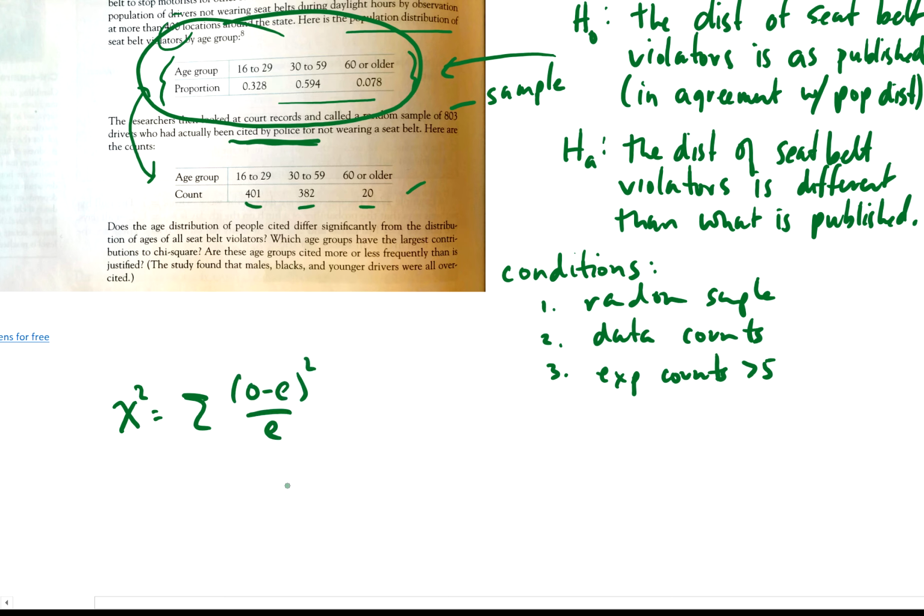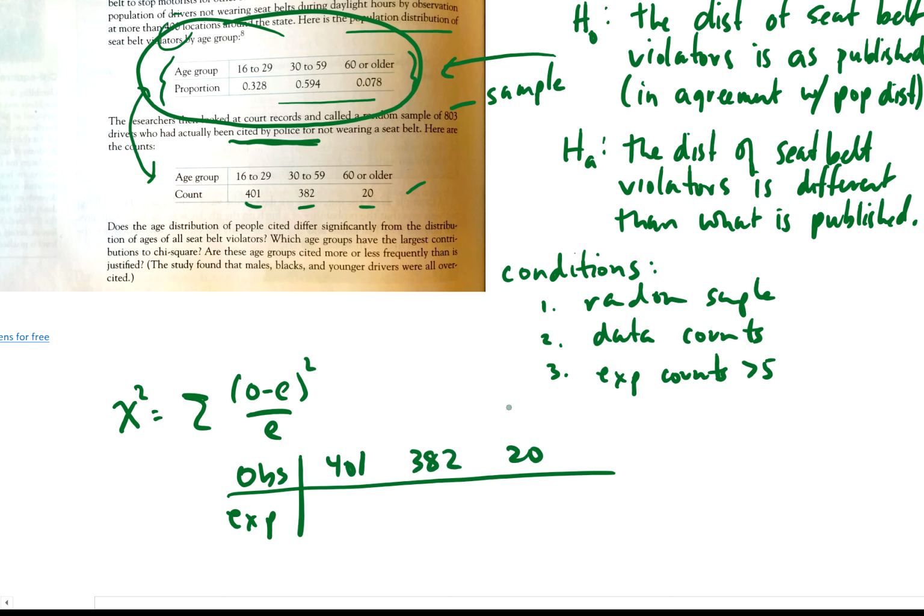And I'm going to go ahead and write out what they are. The observed and the expected. Well, I observed 401, 382, and 20. Okay, that's these guys here. Well, how many would I expect? Well, I had 803 total.